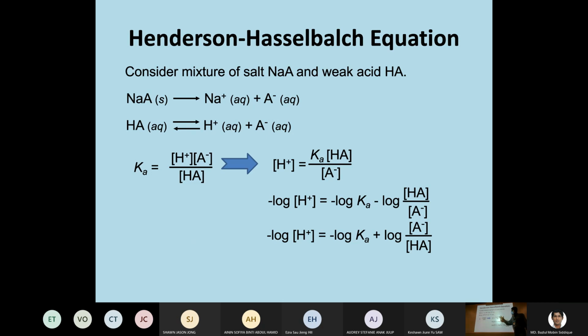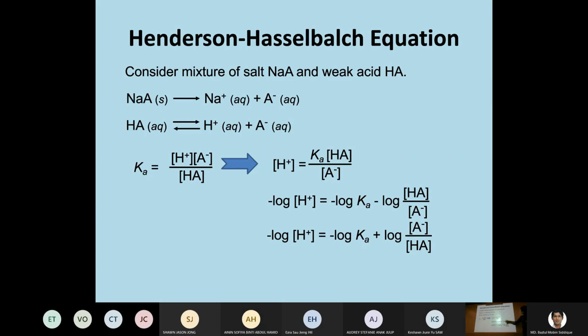We rearrange it, and then we take the negative log on both sides so that we can have a nice equation for getting pH. Naturally, when we take the negative log, Ka is coming here, and this is making us pKa. Negative log Ka is the pKa, just like negative log hydrogen ion is the pH.